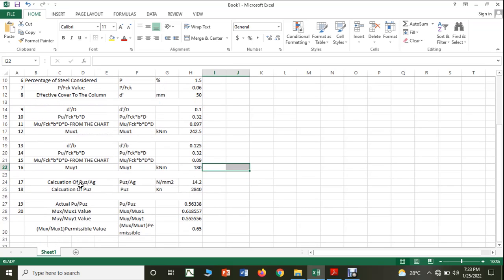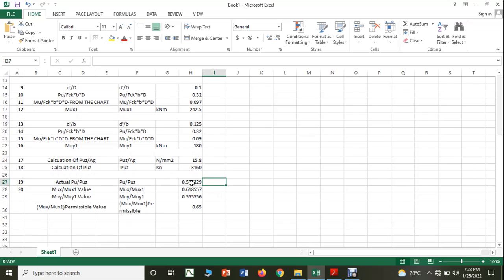Now, in order to calculate this, from the chart of 100 AST by BD you get the PUZ by AG value, which is 15.8. Therefore your PUZ becomes 3160. So your actual PU by PUZ now is 0.506, and the corresponding MUY by MUY1 is 0.55.